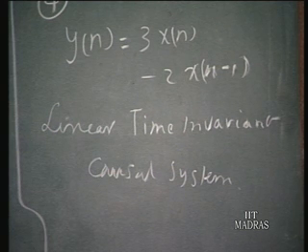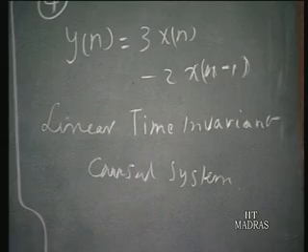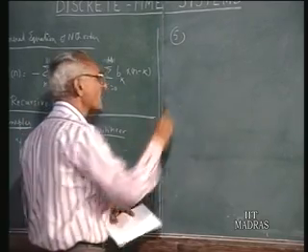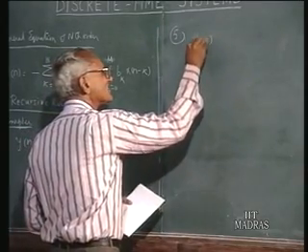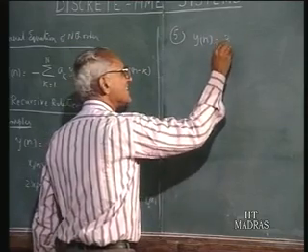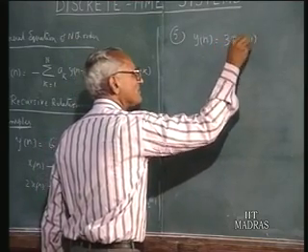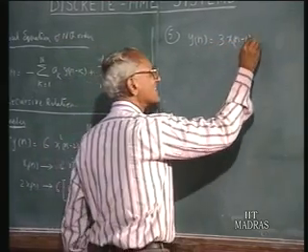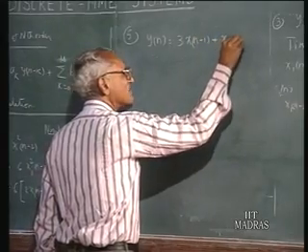Now let us take one more example where the system fails to be causal. Suppose I take y(n) as 3x(n minus 1) plus x(n plus 1).